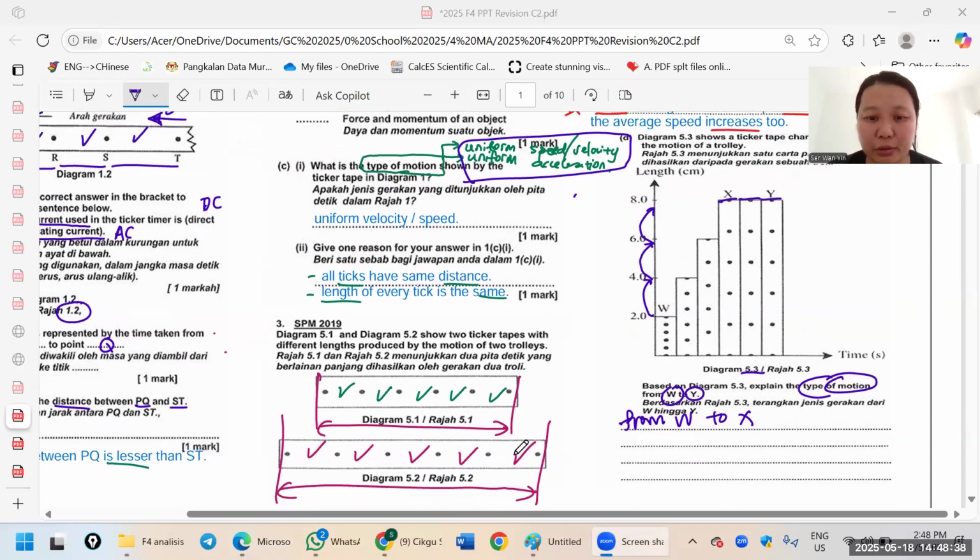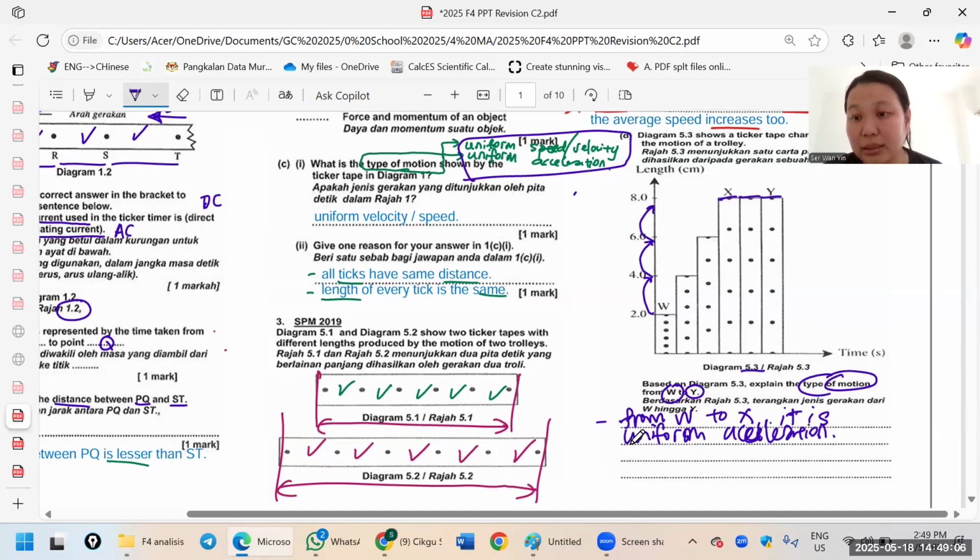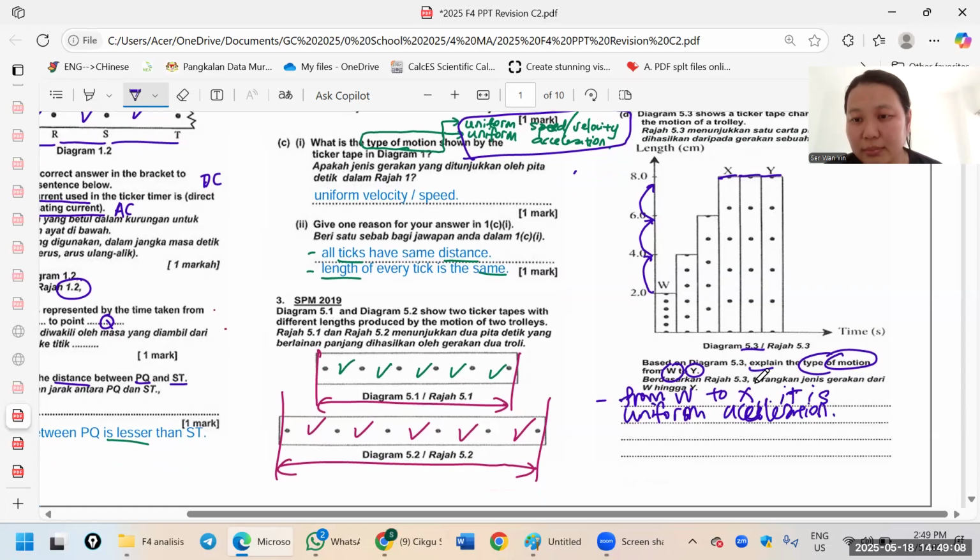Yes, Amanda, very good. So you have to answer W to X first. From W to X, it is uniform acceleration. So you have to answer in like 2 segments. Explain means you need to tell what's happening here first.